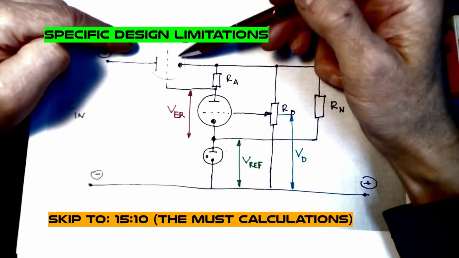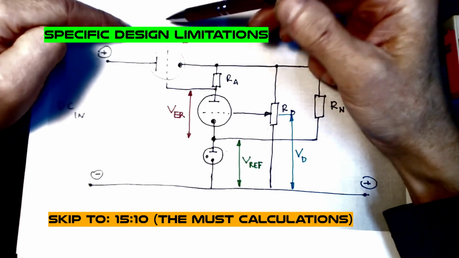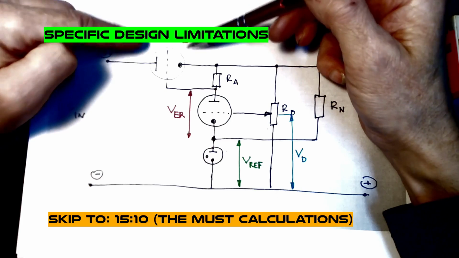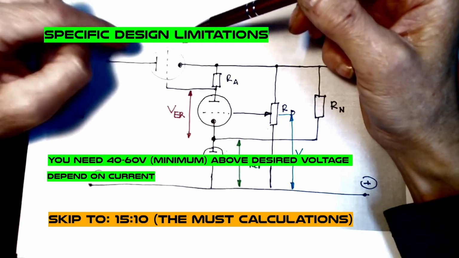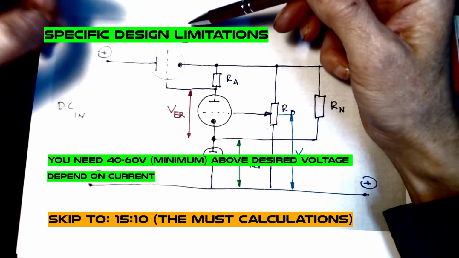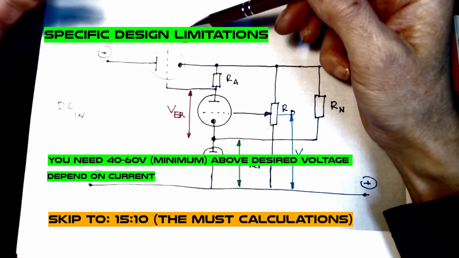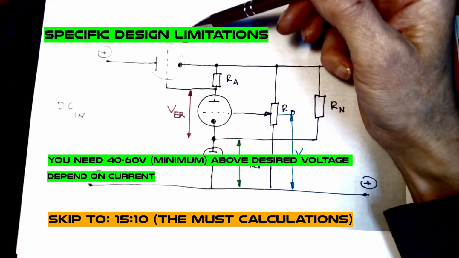On this pass element, the pass valve, we lose some voltage from cathode to anode. For this reason, like I said earlier, we use triode connection, because the internal resistance of a triode is much lower than that of a pentode, so we don't lose so much voltage.